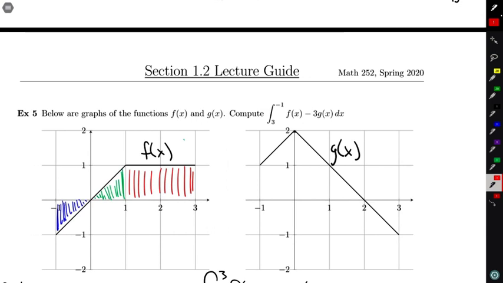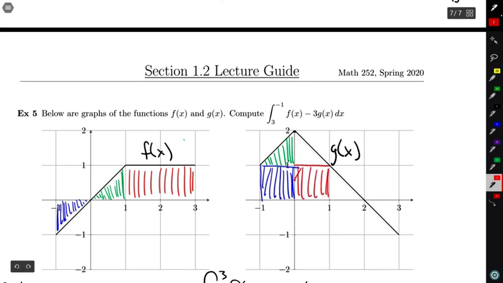For g of x, we have a couple more pieces. We're going to have a square here. Above that, we're going to have a triangle. We're going to have another square here. And above that, we have a triangle.